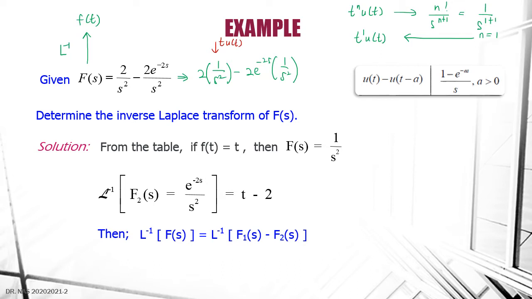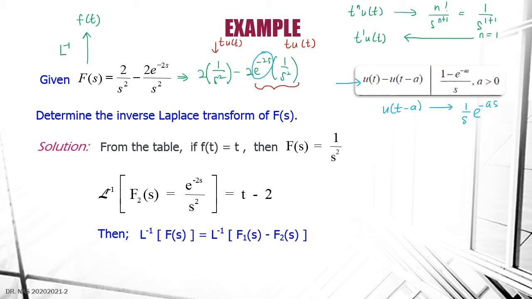For the second component, you still have t u(t), but you have the exponential function here. When you have an exponential function in the S domain, it means that you have a time shifting operation in the T domain. You know that when you have u(t minus a), in the S domain it will be 1 over s e to the minus as.